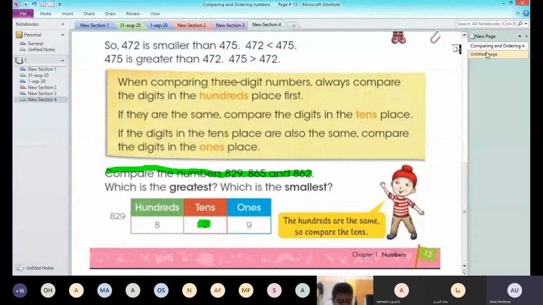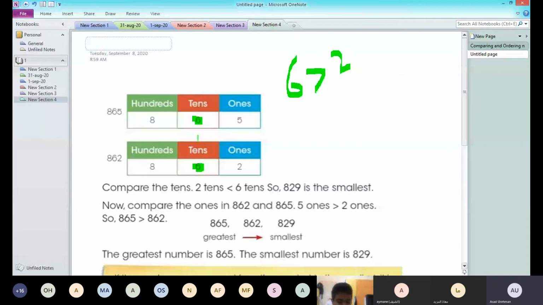Now we have to check among these two which is the greatest. So I will check the ones now. Here it has 5 ones, and in 862 it is having 2 ones. So 5 is greater than 2.